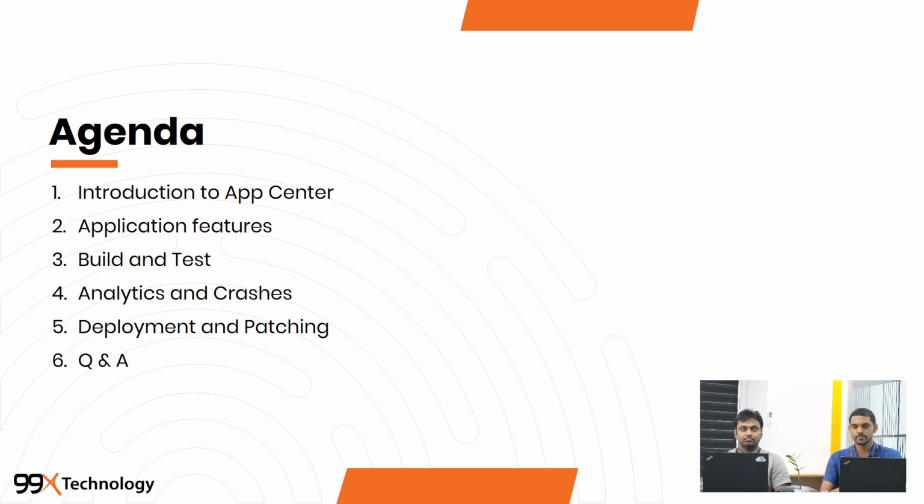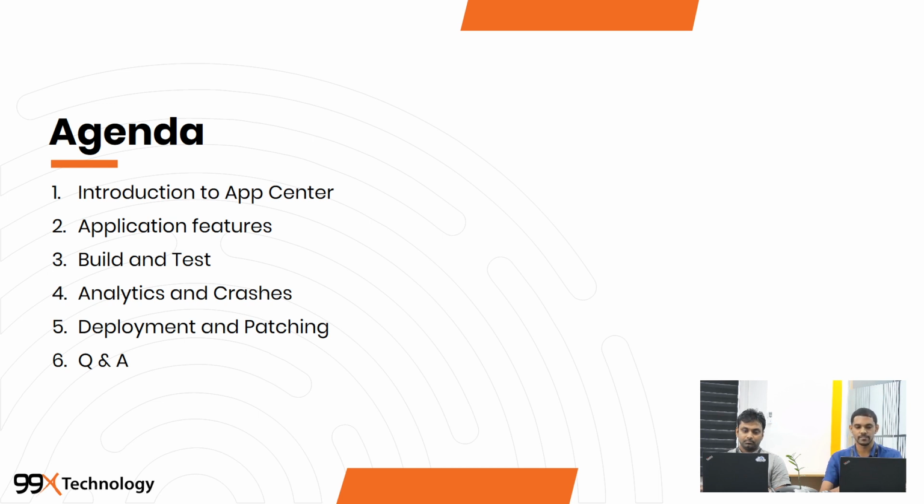And then we move on to features like build and test, and how you can utilize them once you develop your application. And then we move on to analytics and crashes: once you release your application to the store, how you can use the analytics and crashes features of App Center to monitor your application and have a look at the analytics.